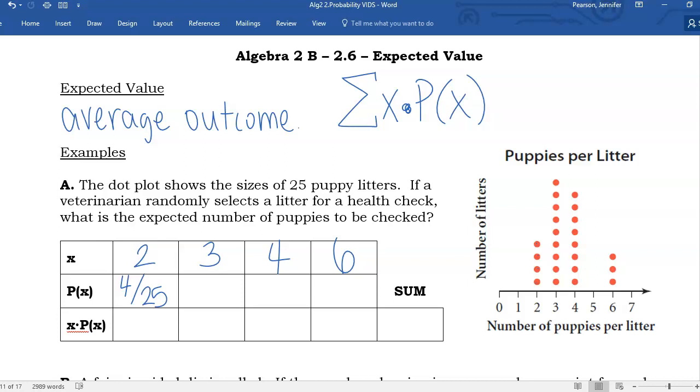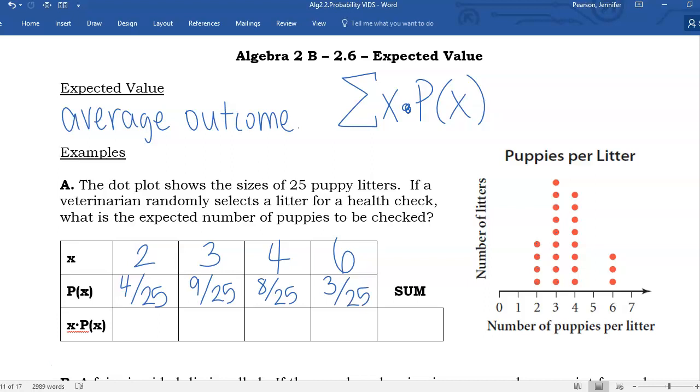Looking at the 3 column, there are 9 litters that have 3 puppies out of the 25 litters altogether. 4 looks like 1 less, so I know there are 8. And 6 puppies: there are 3 litters that have 6 puppies out of the 25.